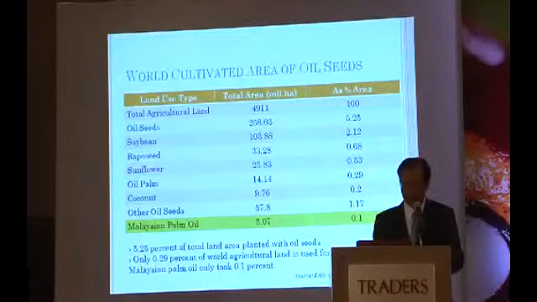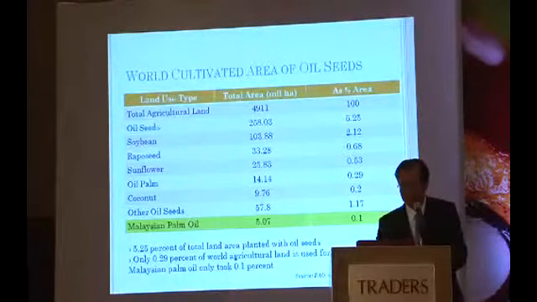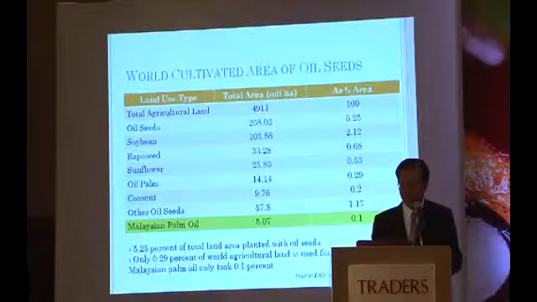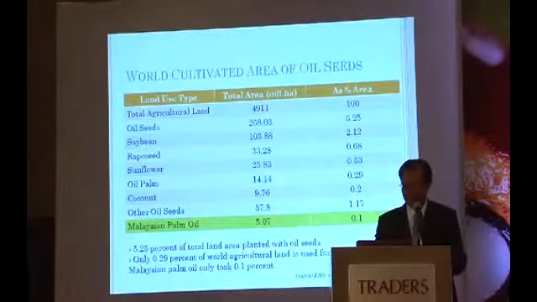And if you look at Malaysian palm oil, which has 5 million hectares cultivated with oil palm, that is representing 0.1% of world agriculture land. Even then, people are already screaming why we are using so much land to produce palm oil.